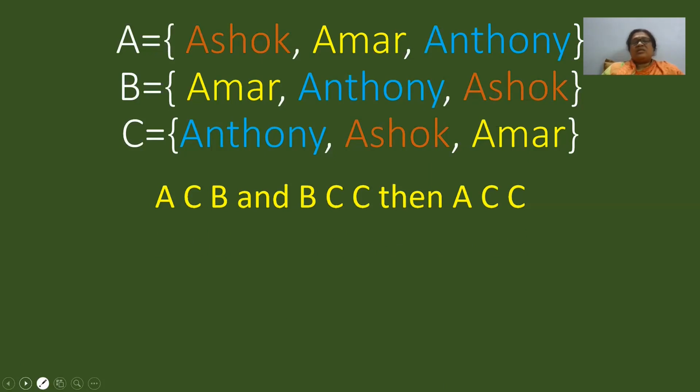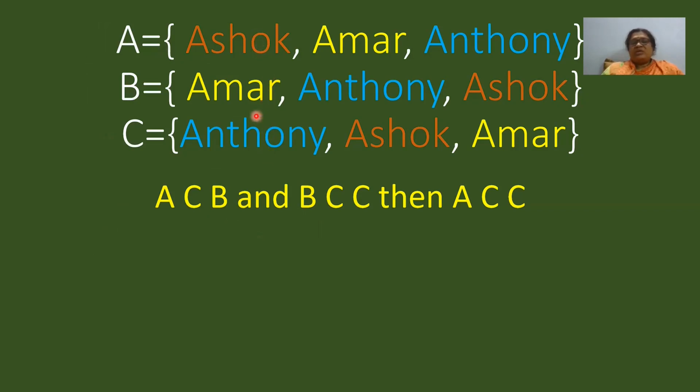Yes. Set A is a subset of set B, and set B is again a subset of set C, and you can say set A is a subset of set C. So the elements which are there in set A are there in set C, and those elements are there in set B also.